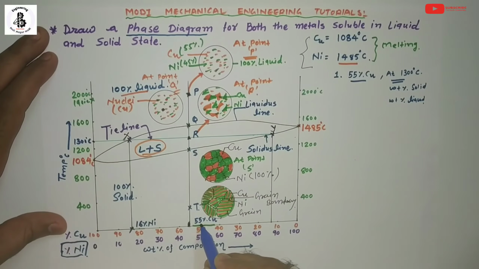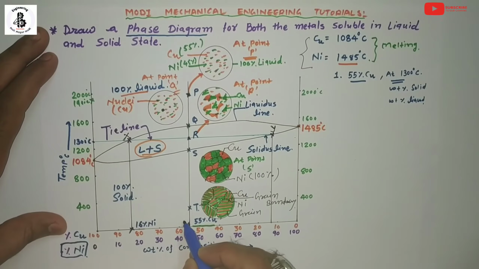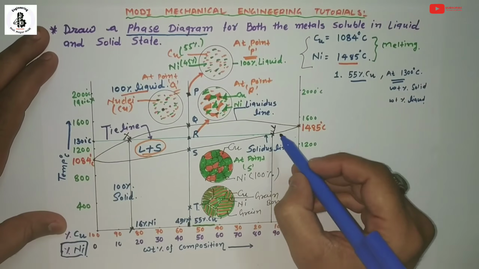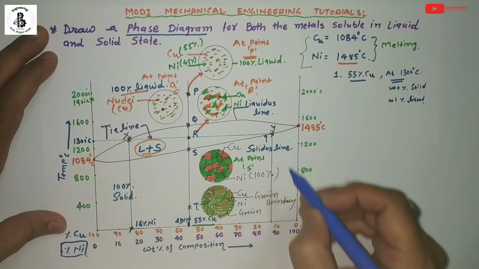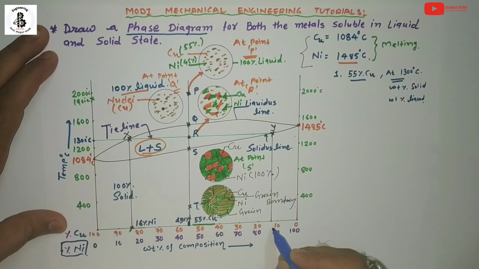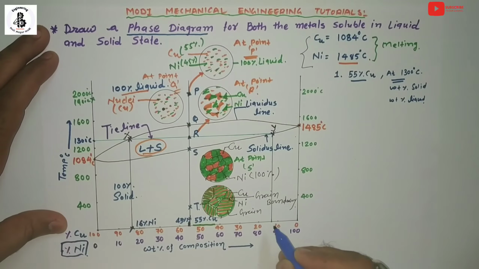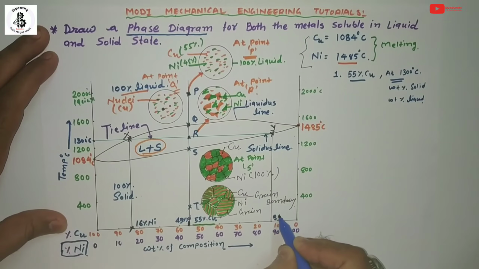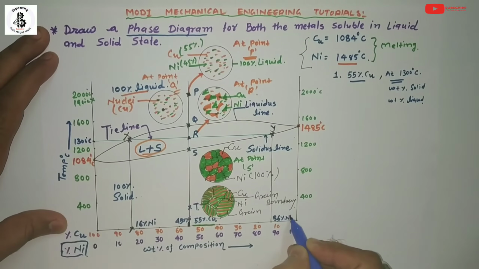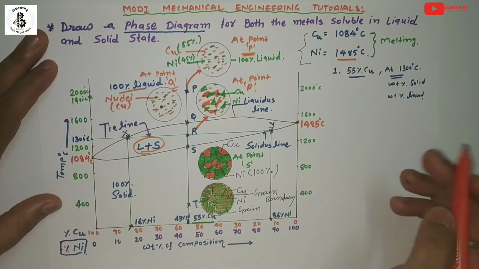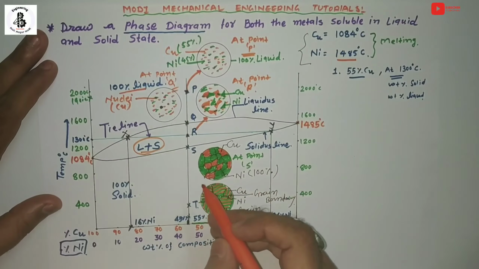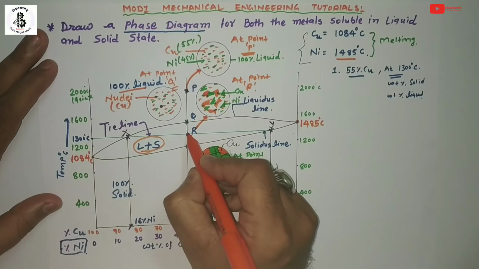Here 55% is copper, that's why it is 45% of nickel. And from the Y point toward the composition line it is around 86% of nickel. Now I am interested in finding the weight percentage of liquid and solid at point R.